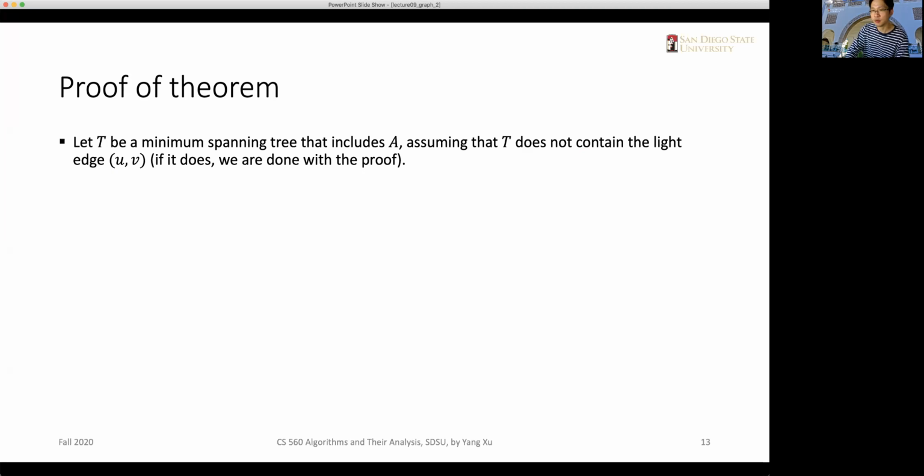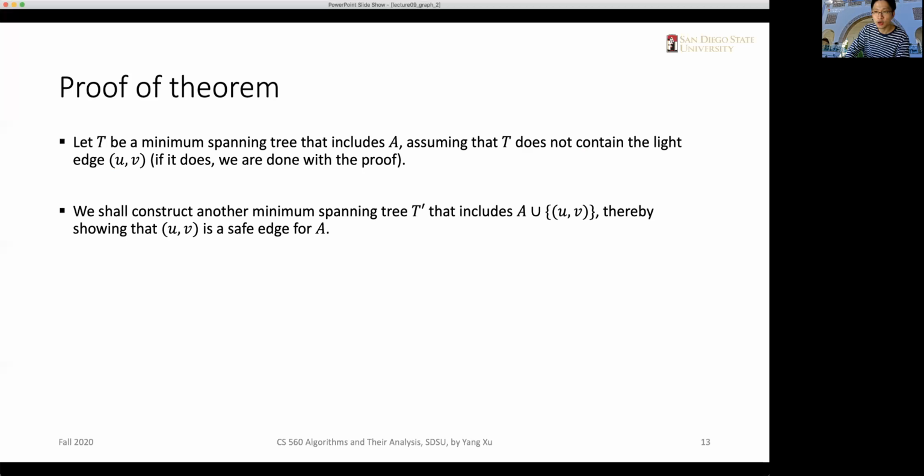Okay, so we basically want to show some conflict, or we want to construct another minimum spanning tree T prime that includes the current subset A and the new safe edge from U to V. Thereby we can show that U V is a safe edge for A. Because that's the definition of safe, right?